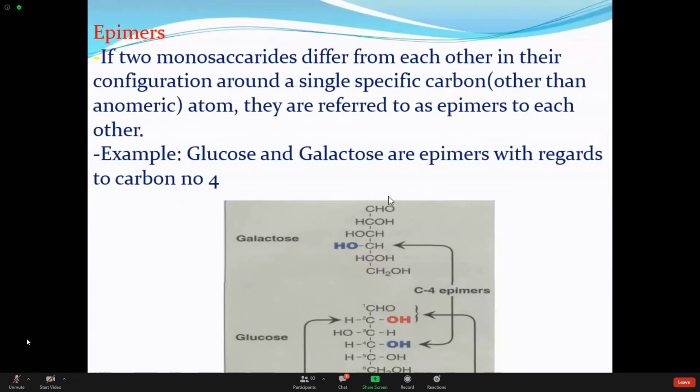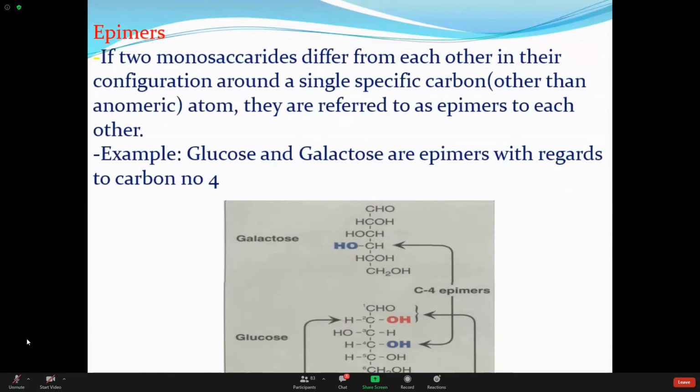Now tell me the difference between the two pictures. At the fourth carbon atom, OH in galactose is on the left, and in glucose it is on the right.